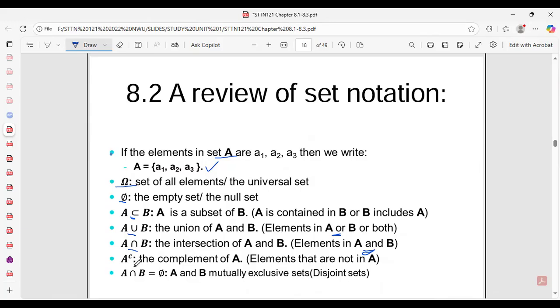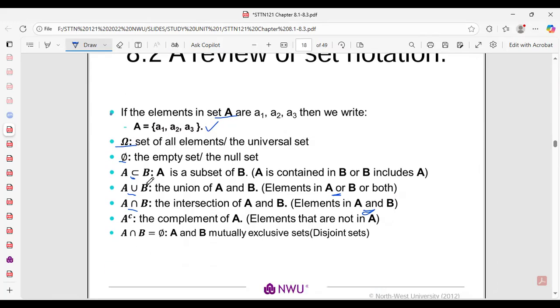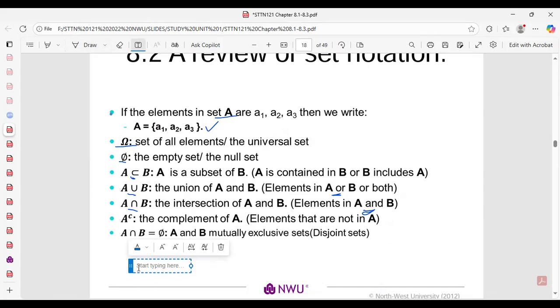Now this one is the complement of A. So when they calculate, for example, you are given the probability of A as maybe 0.70. And then they tell you to calculate the complement of it.